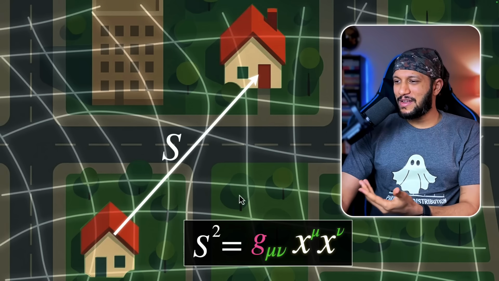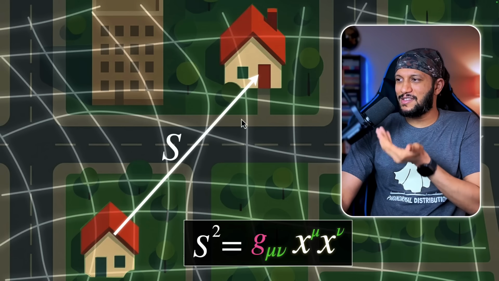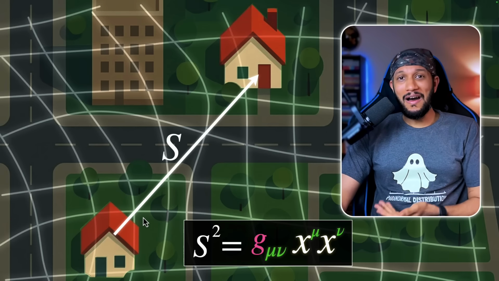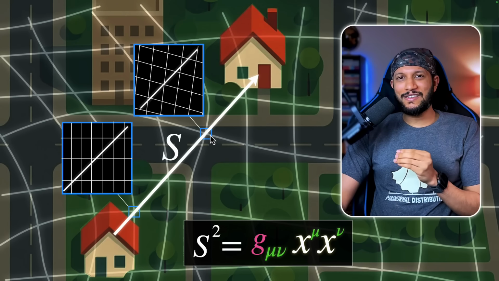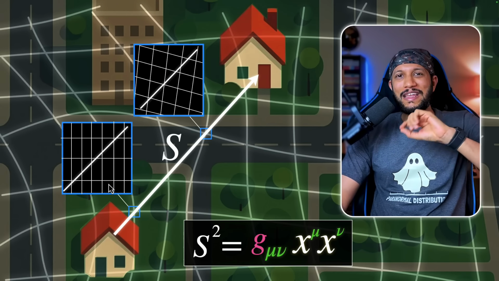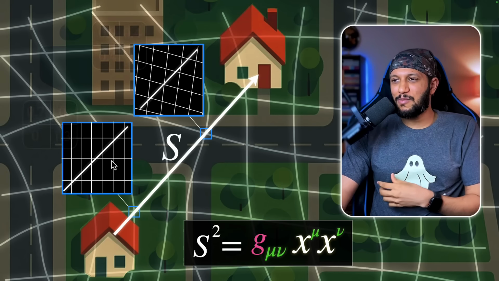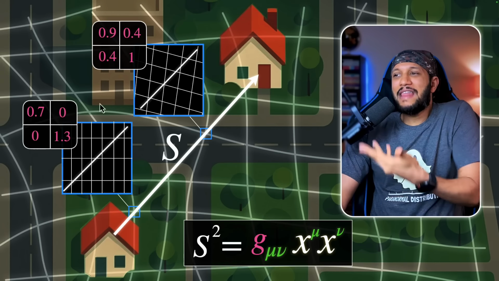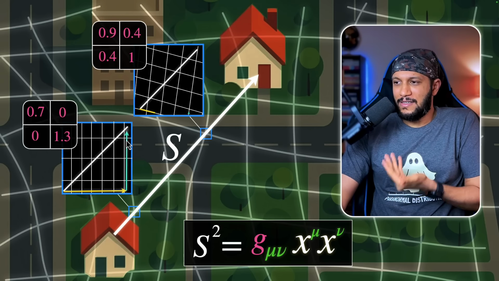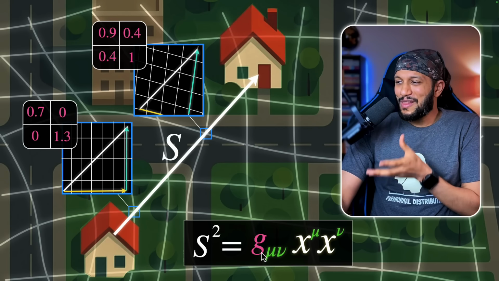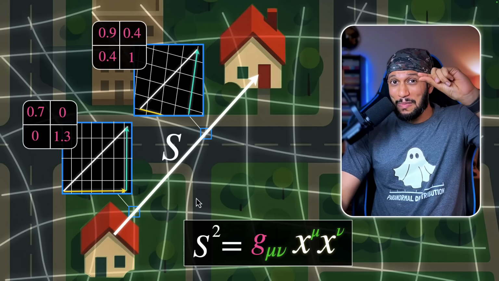At every point, we have a different metric, which means we now have a metric field. So how do you calculate the distance from here to here if the metric itself varies? Well, we can break it into small parts. We can zoom into small sections, and if the parts are very small, we can approximate the metric to be constant in that particular small section, and then use that metric to calculate the distances of those tiny parts. In other words, this formula in general can only be applied to small patches of space.